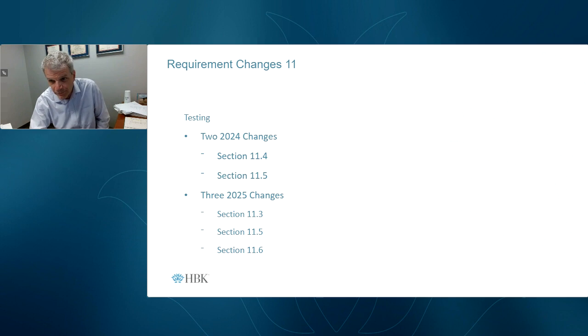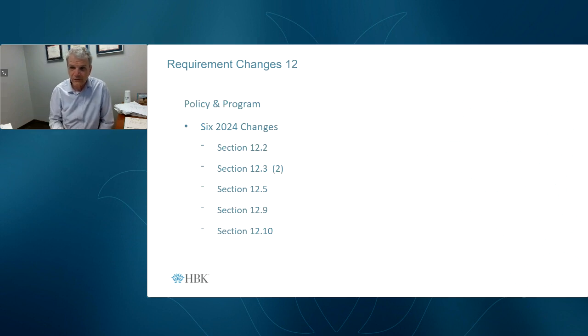It's in section 11.6. Requirement 12 has a bunch of changes, and this is the one that deals with having a policy and a program. You've got 6 changes that went into place now, and another 8 that are going to go into place next year.